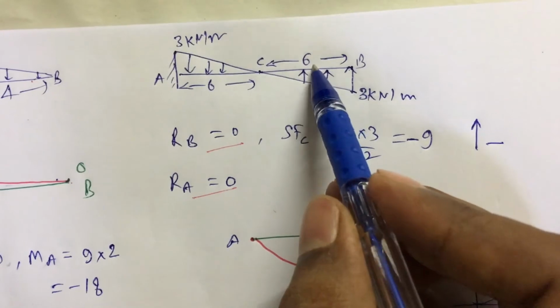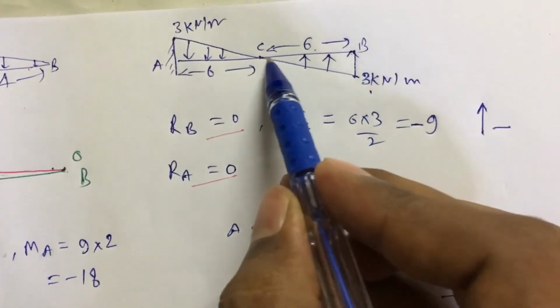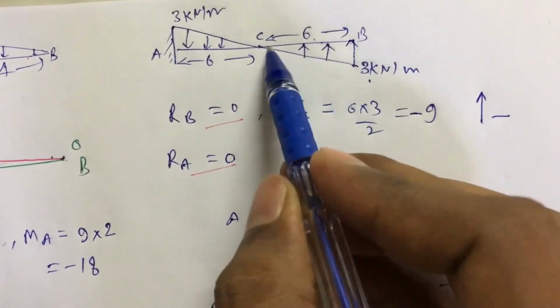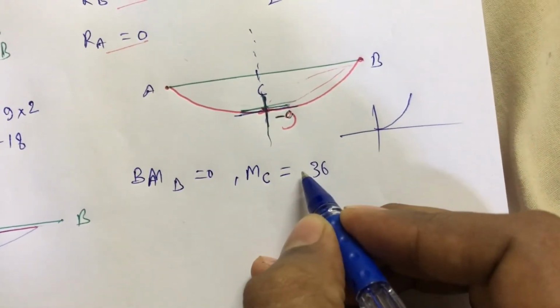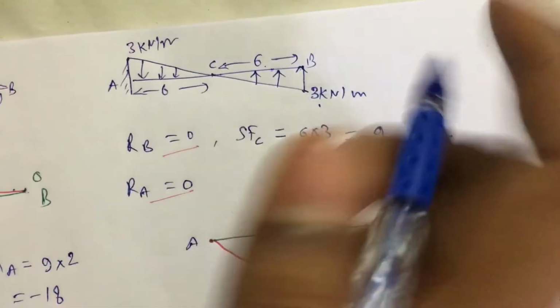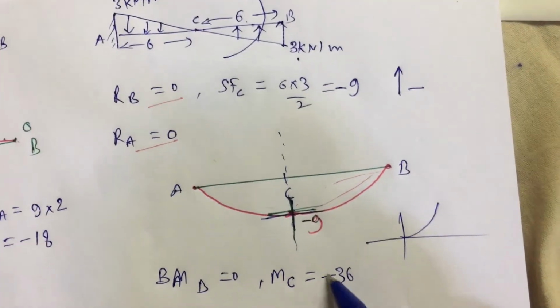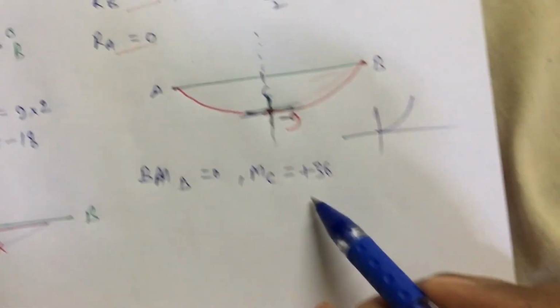This will be 6 into 3 by 2, which gives me 9, and this is 4, so 9 into 4, 36. So at C, that is 36. Positive or negative? This loading is taking the whole beam anti-clockwise, sagging, that is positive. Okay, at C, got it.